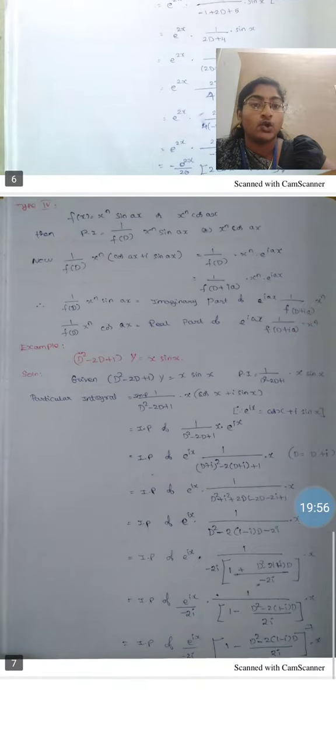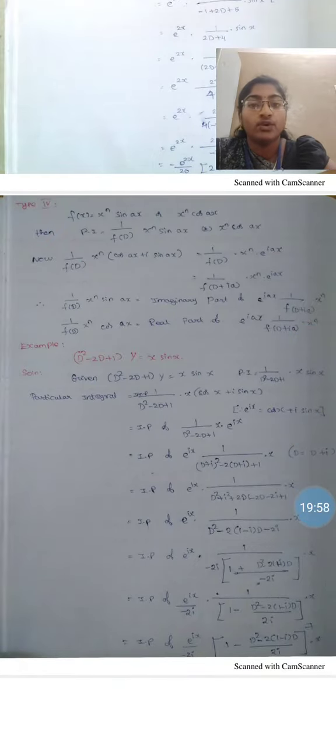Next, the last type, type 4: f of x equals x power n into sin ax or x power n into cos ax. In type 1 we saw the exponential form, in type 2 we saw sin ax or cos ax, in type 3 we saw both exponential and sin or cos ax. In type 4 we are going to see x power n into sin ax or x power n into cos ax.